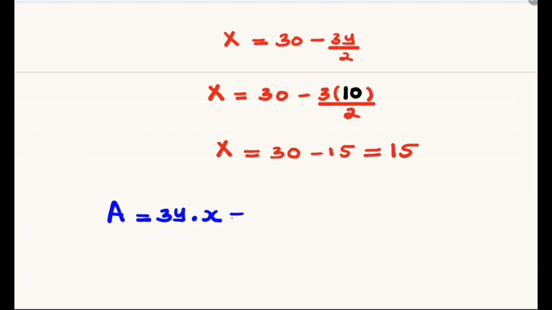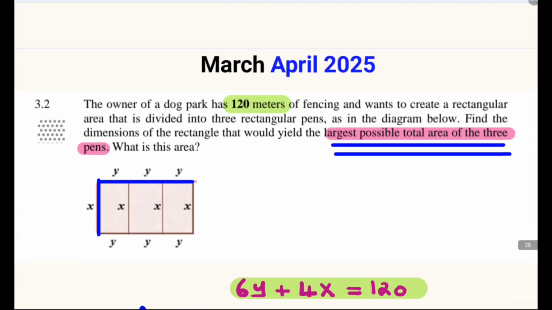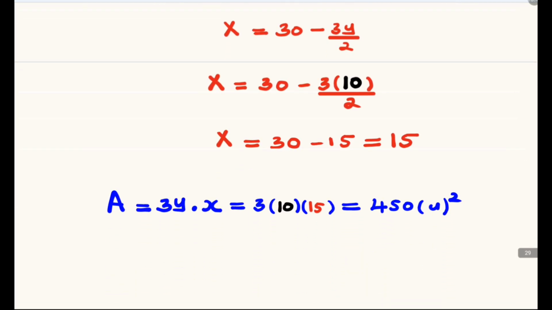So our area will be equal to 3 multiplied by 10 in the place of the y, and 15 in the place of the x, and this will be equal to 450 unit square, where we are not given any SI unit. Our fencing was in meters, so we have meter square.